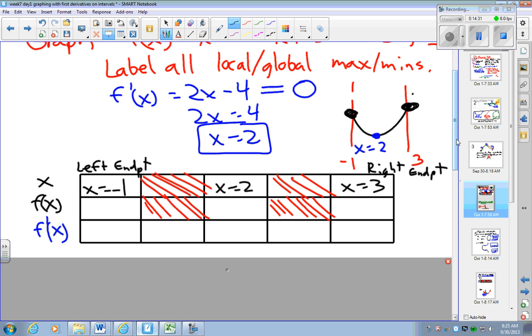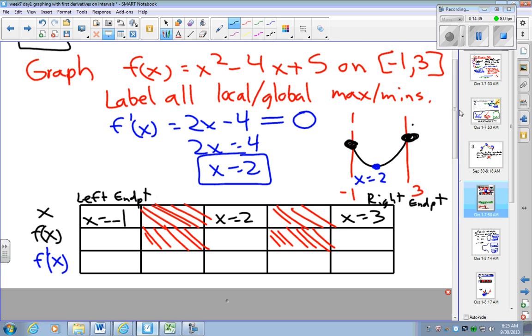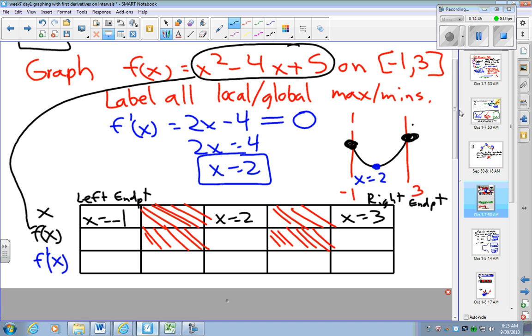The f of x is the y values, and I put it in black because that's where you go back to. You plug into black, and I guess I accidentally wrote this problem in red, but you go back to here to get your y values. So if I plug in -1, if I plug in 2, if I plug in 3, that's what I'm looking for.